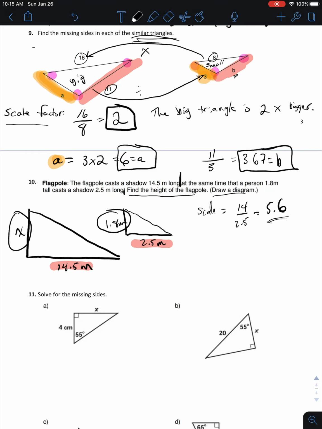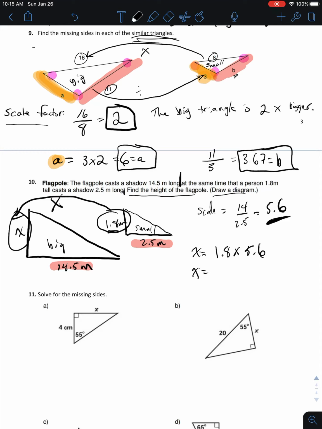So that means that in order to get x, I can see that x and 1.8 are both a similar side length. In order to get x, I'm going to have to go from the small one to the big triangle, which means I'm going to have to multiply. So x is going to be equal to 1.8 multiplied by 5.8, right?